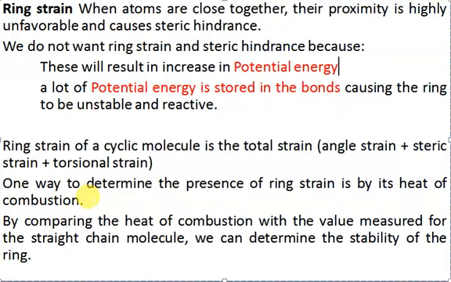If you compare the heat of combustion of a straight chain molecule and a cyclic molecule, we can determine the stability of the ring. If the heat of combustion is higher, that indicates higher potential energy, and higher potential energy indicates instability, and the instability indicates the ring strain. So if the heat of combustion is higher, the ring strain is also higher.